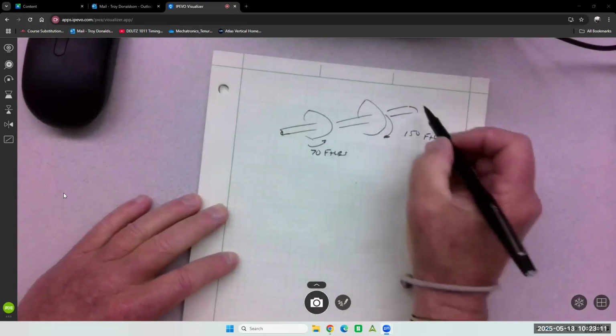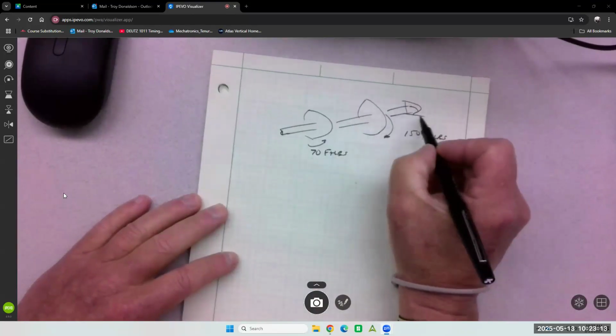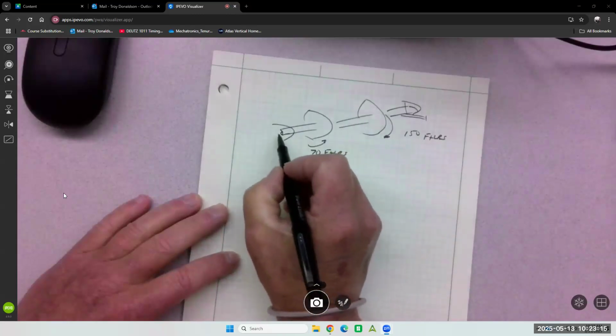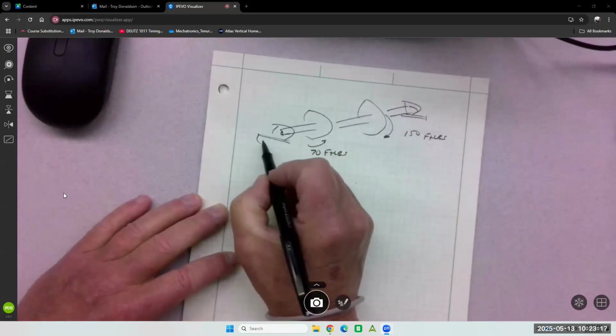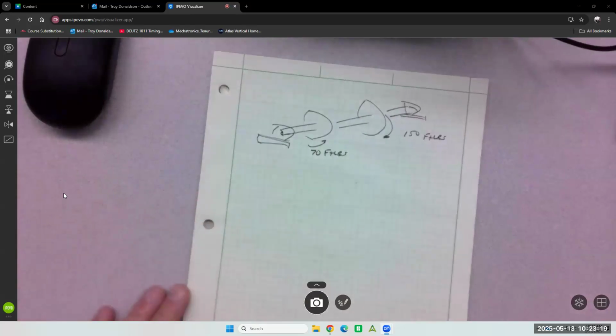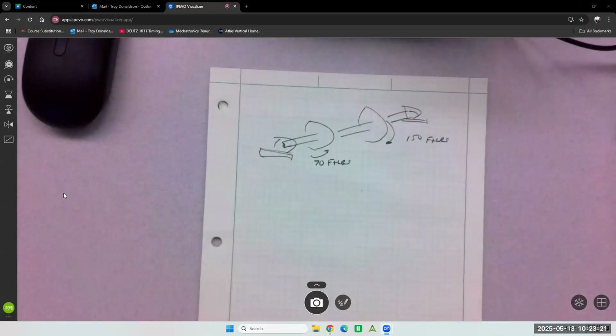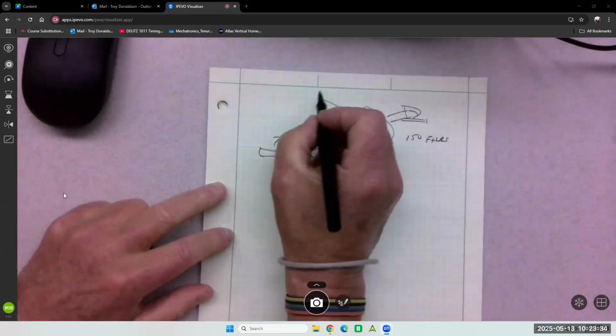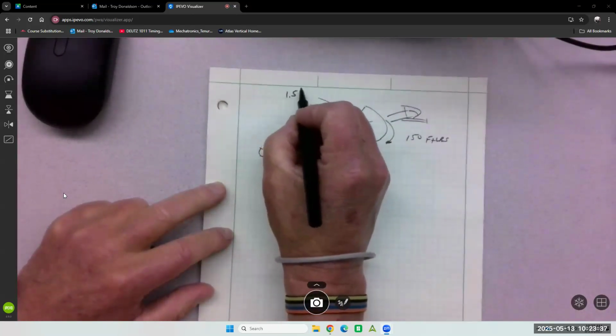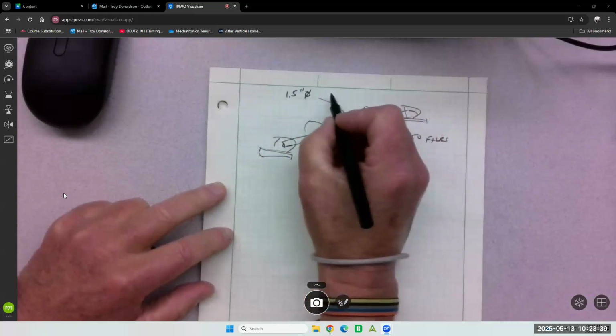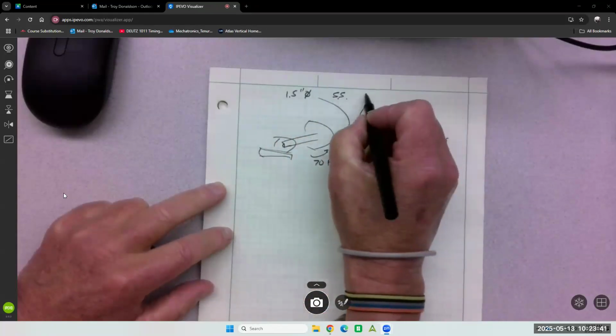And we'll say that both of these kind of ride on a bearing. So this thing's free to spin. And we'll make it a 1.5 inch diameter stainless steel shaft.